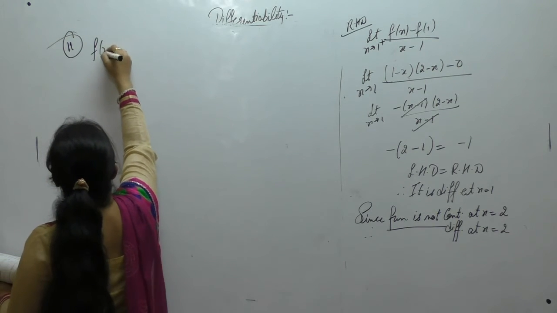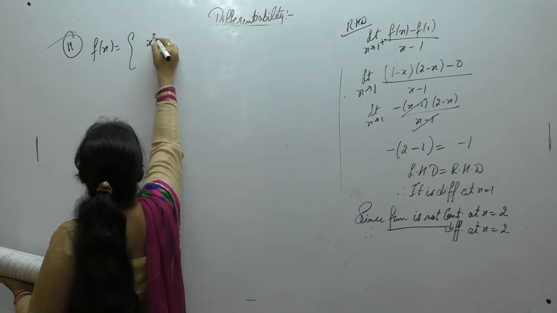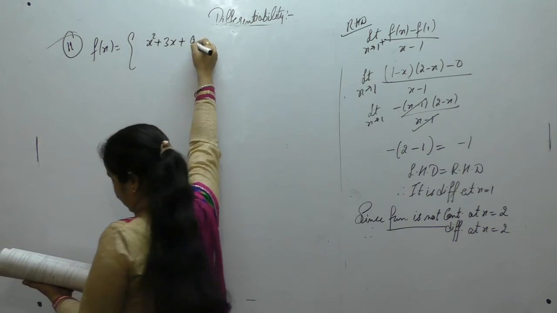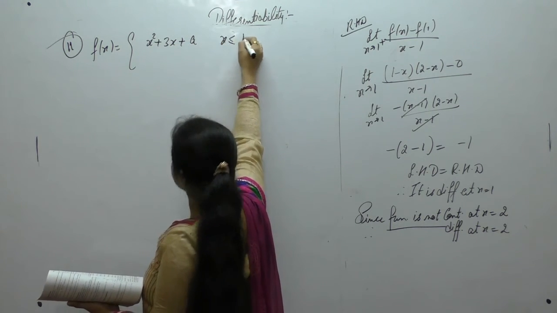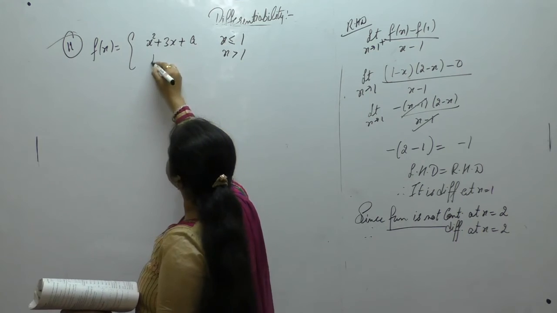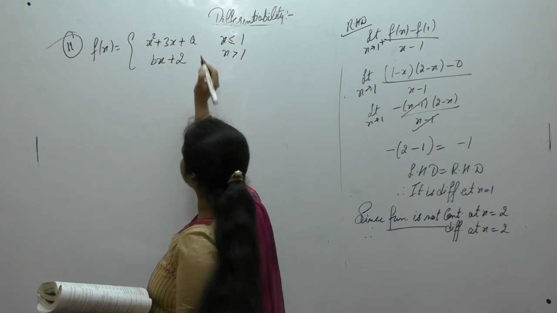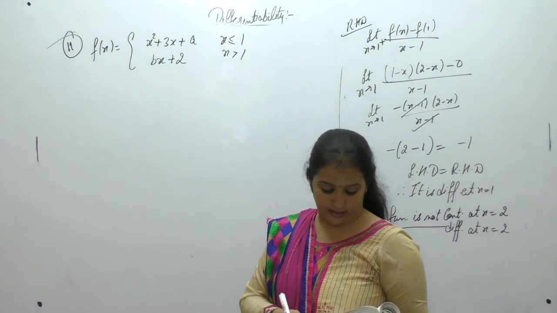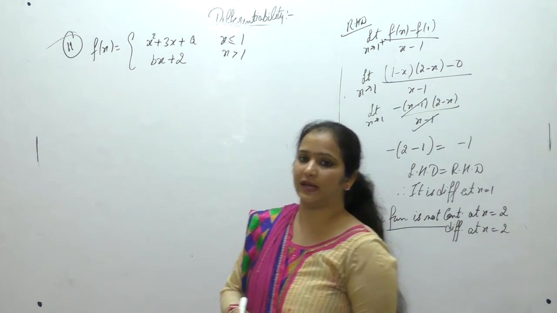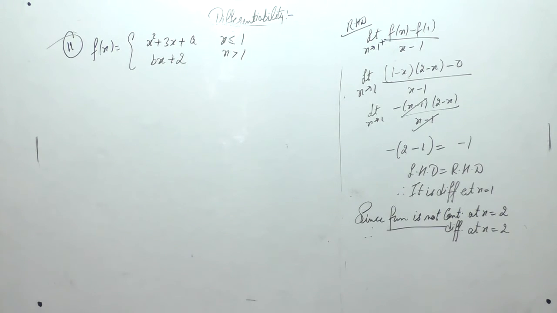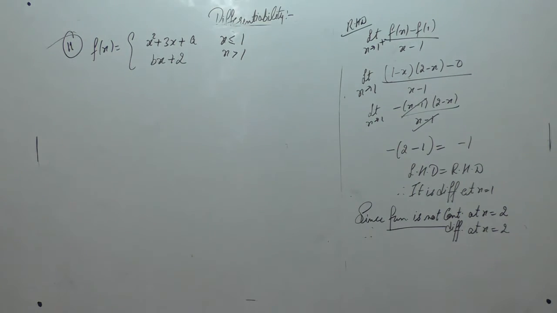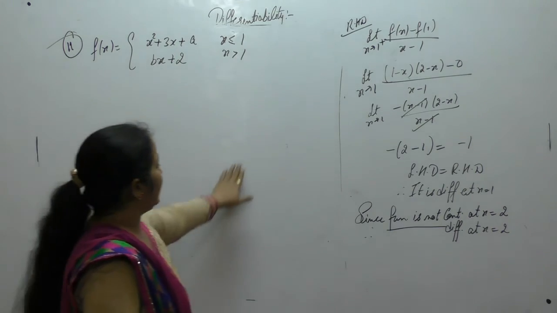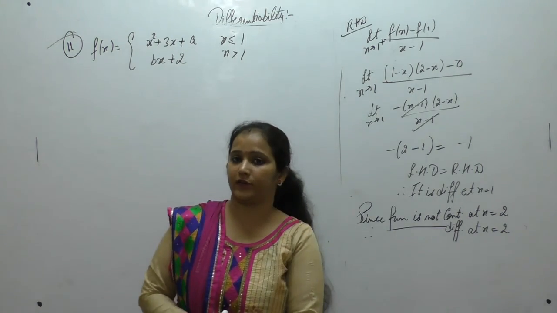If f of x is equal to x square plus 3x plus a for x less than or equal to 1, and bx plus 2 for x greater than or equal to 1, and the function is everywhere differentiable, find the values of a and b. Now it is given that function is everywhere differentiable.